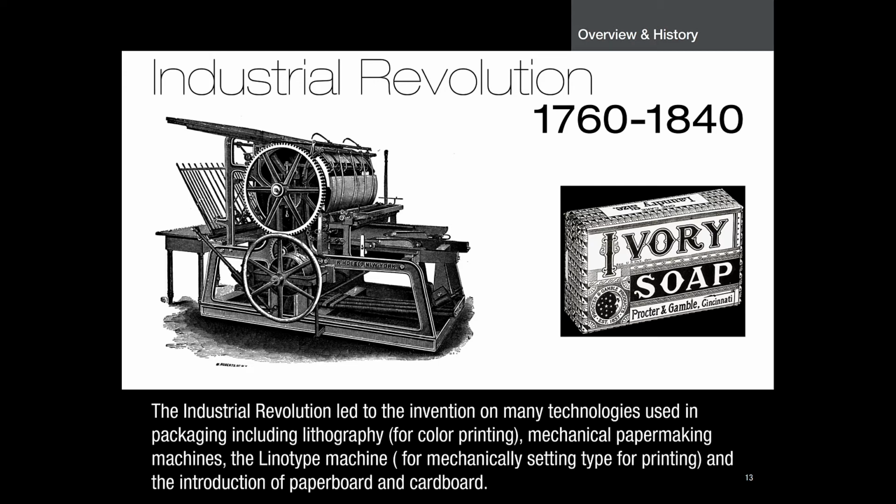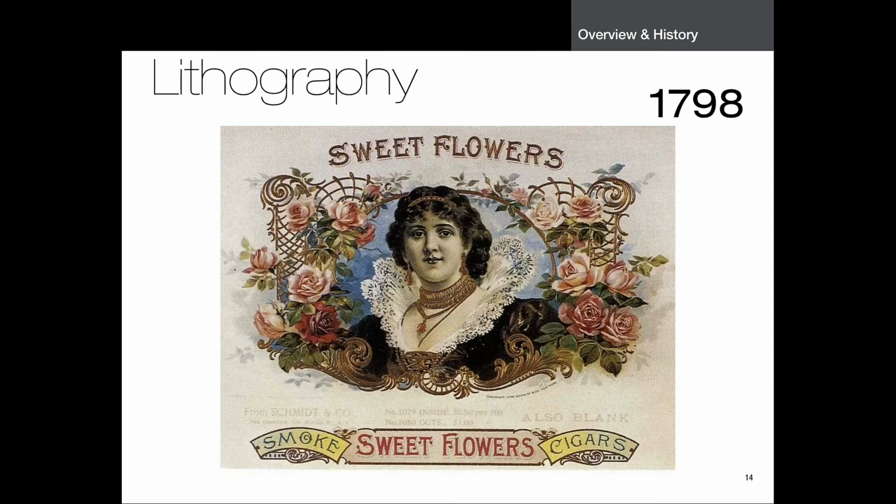Also the linotype machine, which allowed you to set lines of type, hence the name, for printing, which previously would have to be set letter by letter, and now you could do it much more efficiently and cheaply. Here's an example of color lithography, so you can really see how this would apply to packaging design.